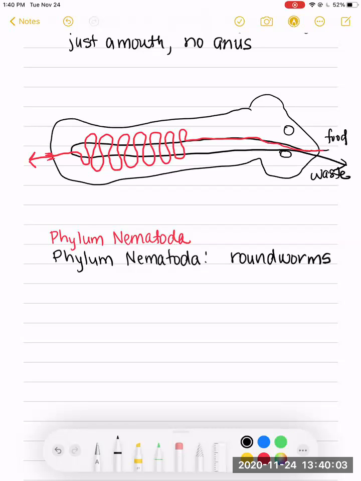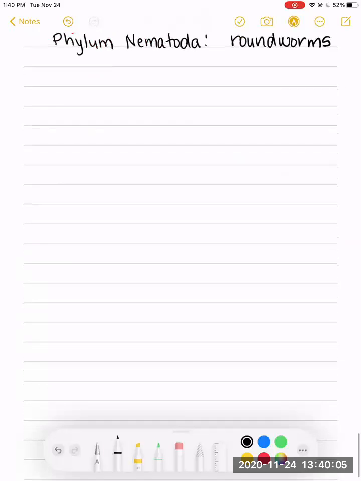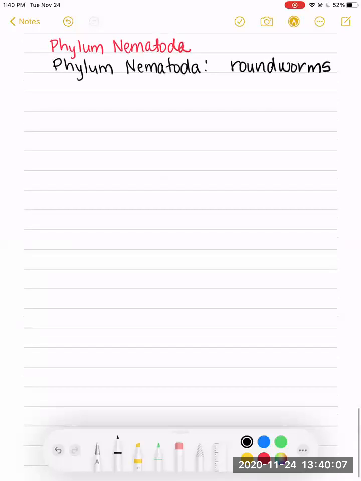They're able to be round because they do now have the start of a body cavity. It's called a pseudocoelom. And they are the first to have what's called a pseudocoelom. So pseudo means false.